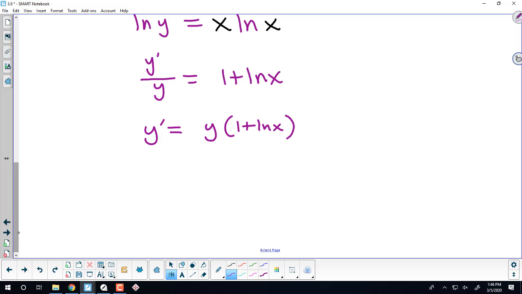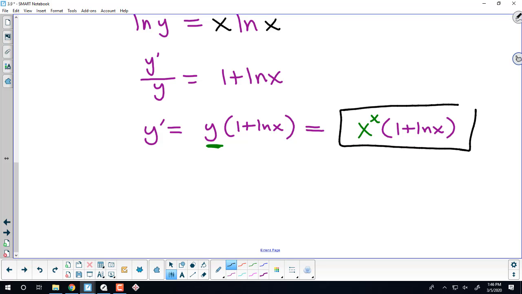But remember y was x to the x. So we have x to the x times 1 plus natural log of x. So same derivative that we had using or rewriting it as e to the natural log.